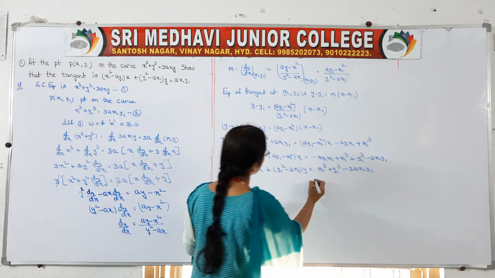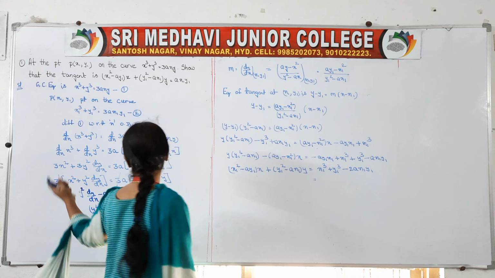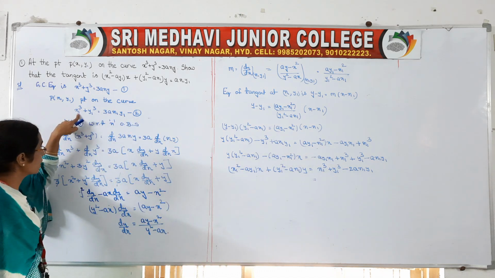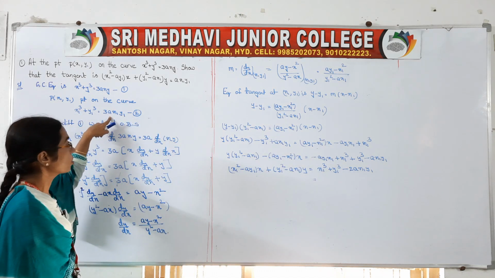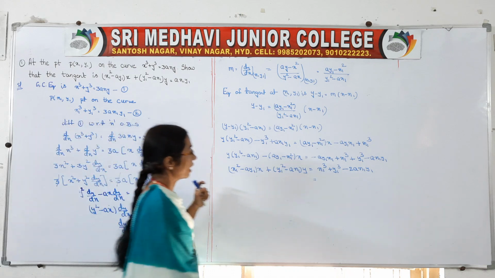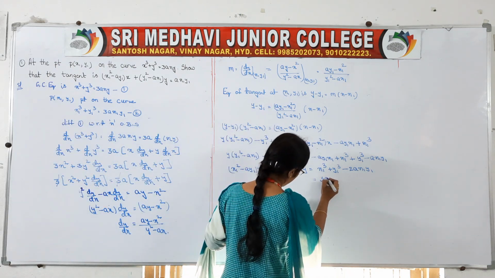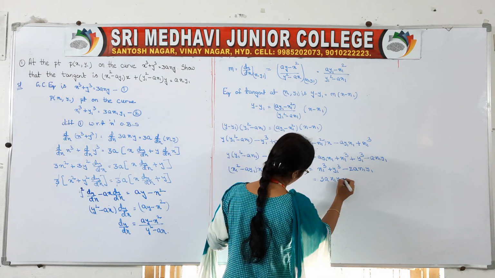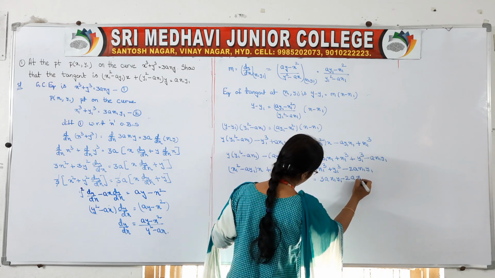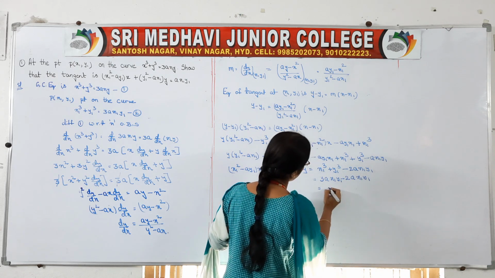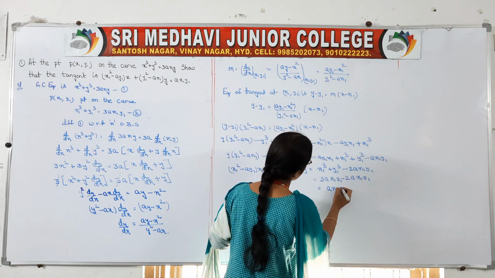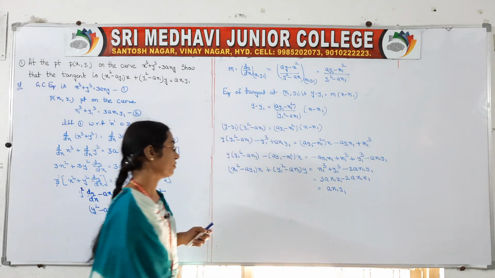Okay, so what is your equation number 2? If you observe, x1 cube plus y1 cube is equal to 3a x1 y1. So it is 3a x1 y1 minus 2a x1 y1, which is equal to a into x1 y1.